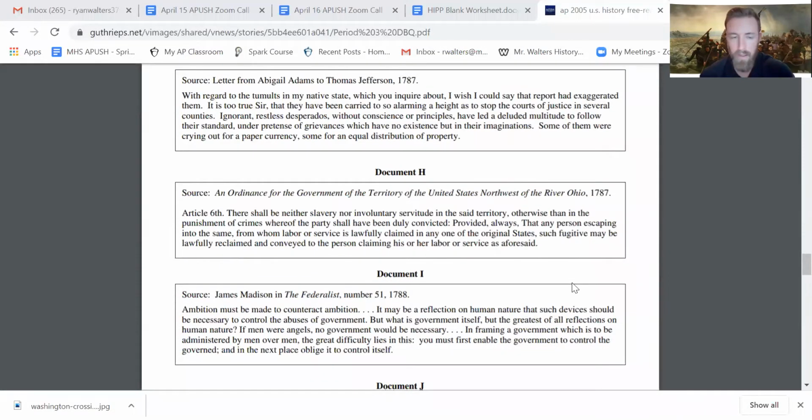So we have a letter here. And again, I always find the letters fascinating, from Abigail Adams to Thomas Jefferson, because Jefferson's there. He's a central figure here during this time politically. And guys, while Abigail doesn't hold an official position, she is very influential to both her husband, John Adams, and to Thomas Jefferson.